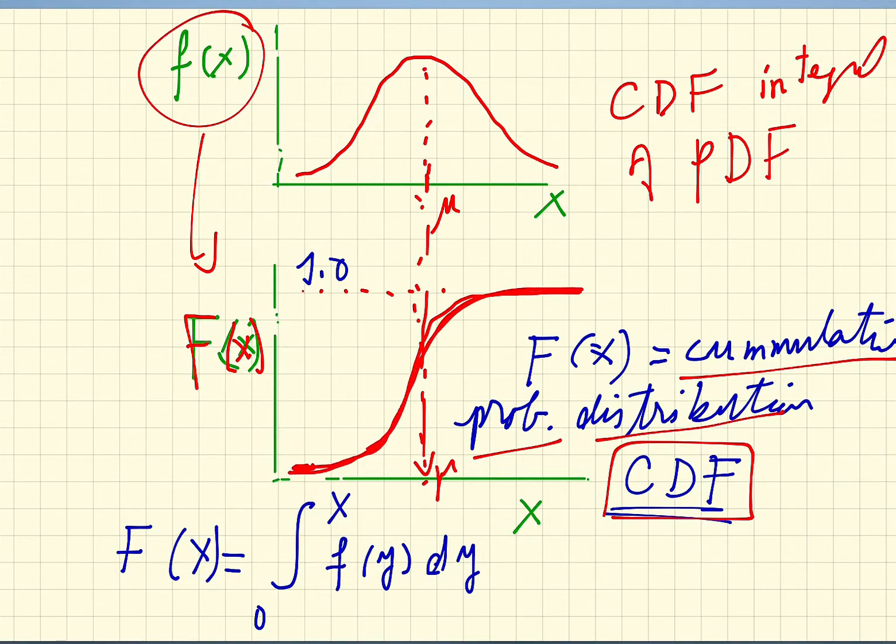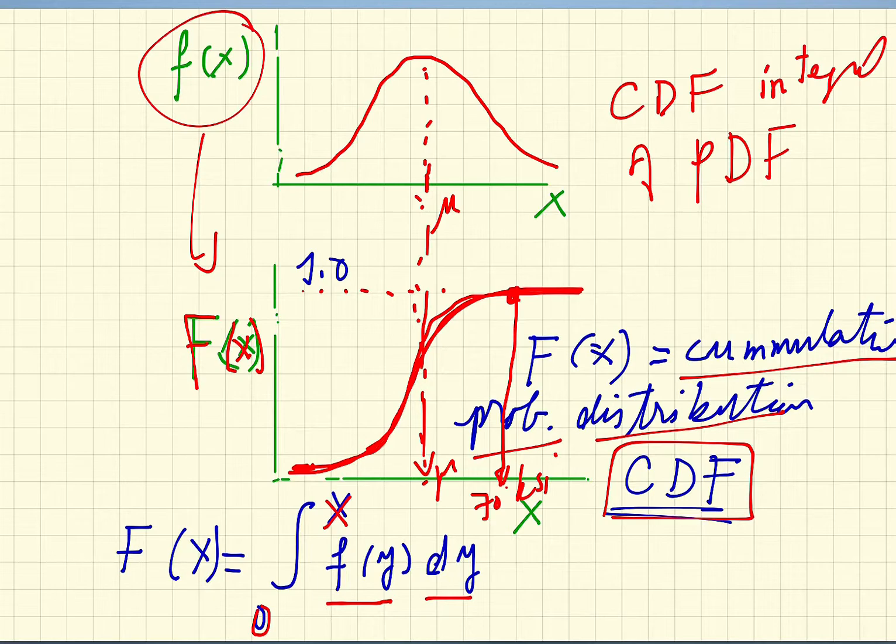For example, if this f of x is integrated, I just changed x to y because it is the dummy variable, integrated from 0 to x, I will get capital F of x. So if I have a strength at this point here, let's say this is 70 KSI, then the CDF would describe the probability that any random sample that is drawn has a strength up to 70 KSI.